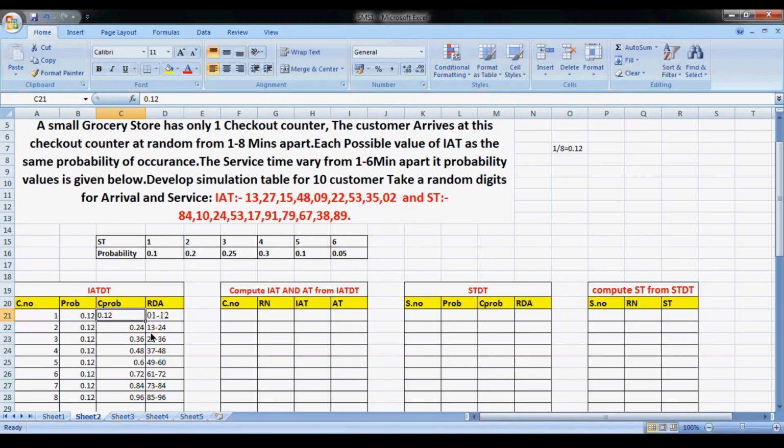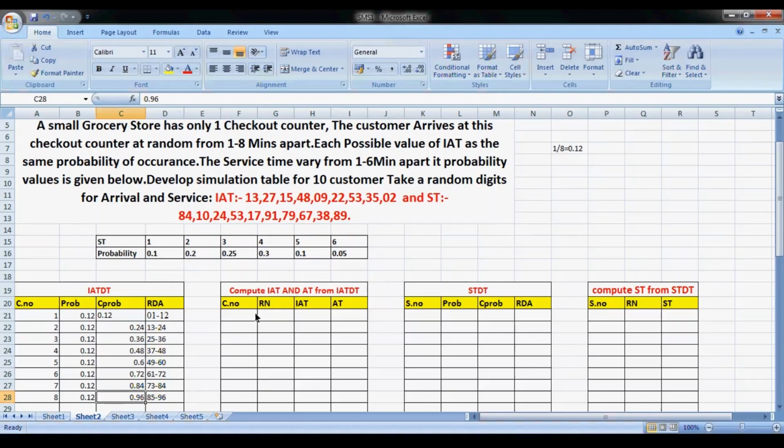Then the second customer is 13 to 24, since the cumulative probability is 0.24. Then the third customer is 25 to 36, 37 to 48, 49 to 60, 61 to 72, 73 to 84, and 85 to 96. This is how we find the interval time distribution table.